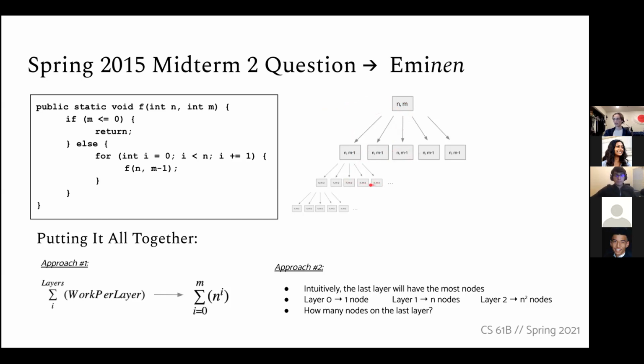As we keep going down, n cubed work. And when we reach the bottom, we have n to the m work, n raised to the nth power. And so when we sum all of those layers up, we will see that n to the m is the dominating order of growth term. That is why we didn't have to care about the rest of the layers.